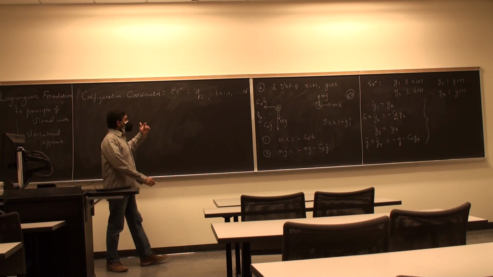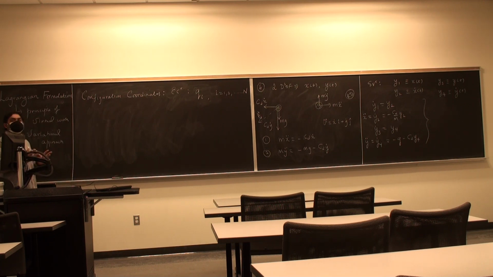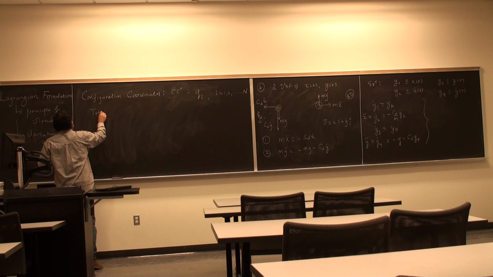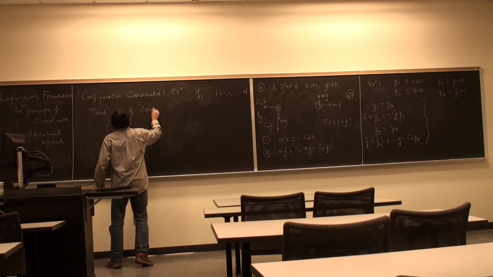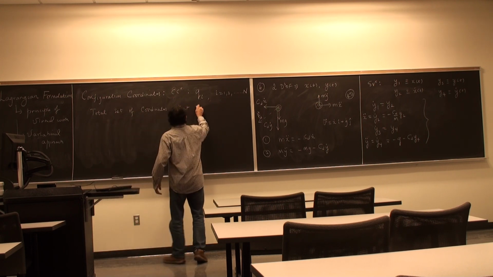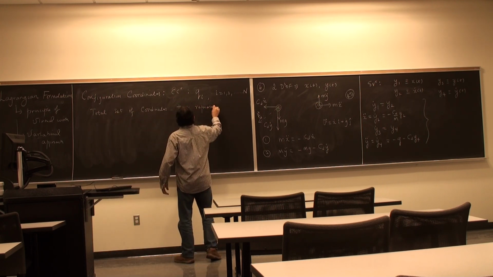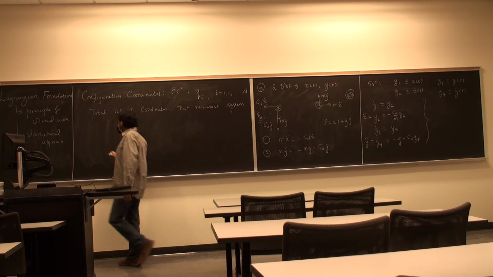These are the total number of coordinates that are required to represent the configuration of a system at any instant in time. The total set of coordinates that represent the system at any instant.